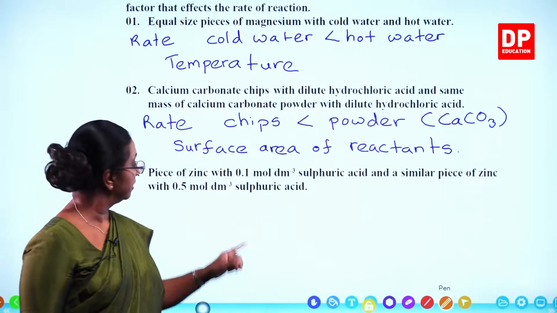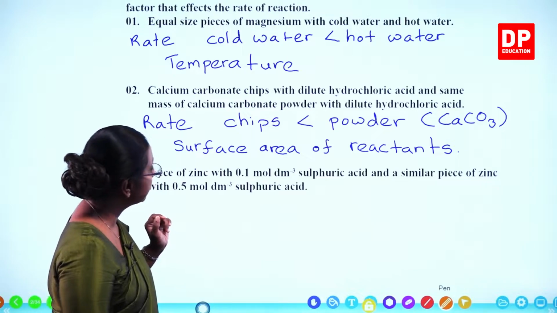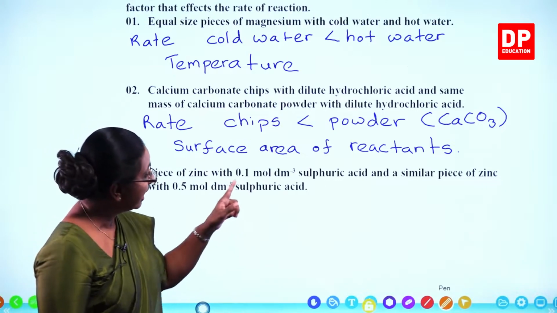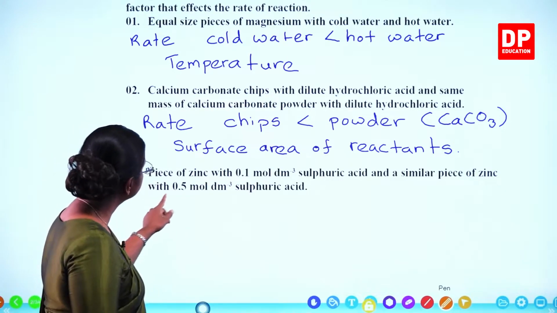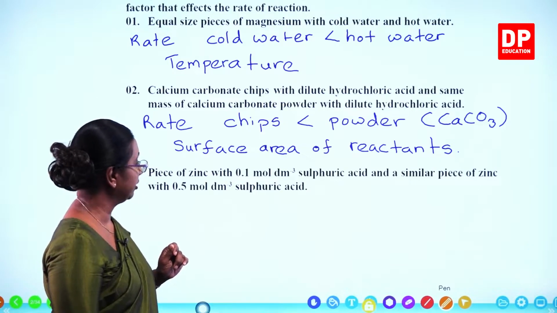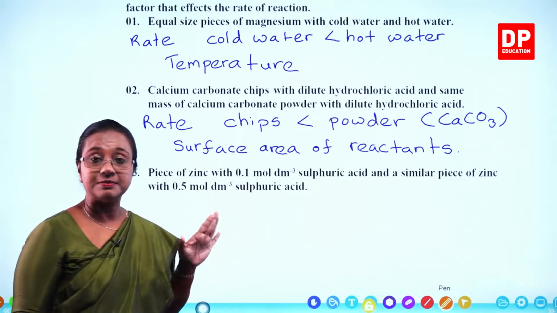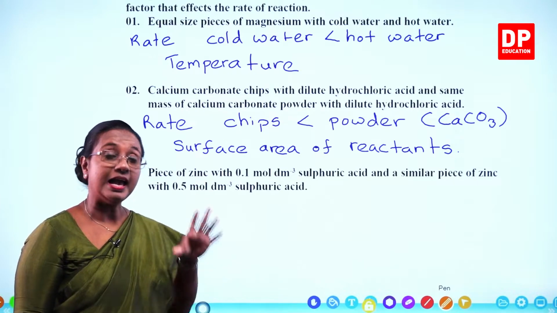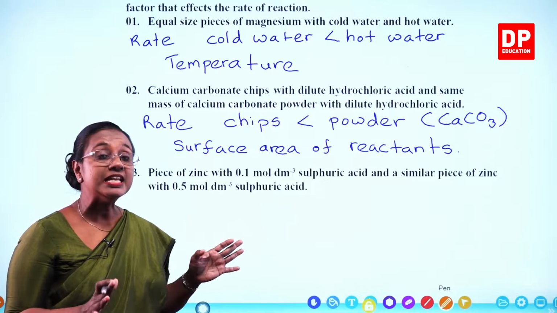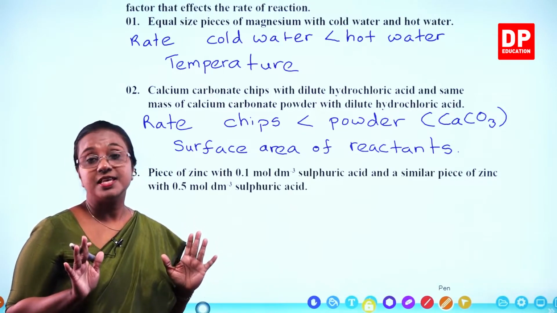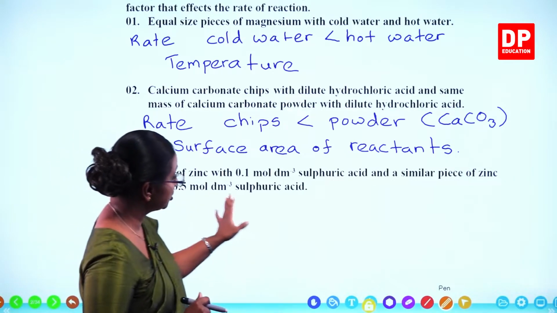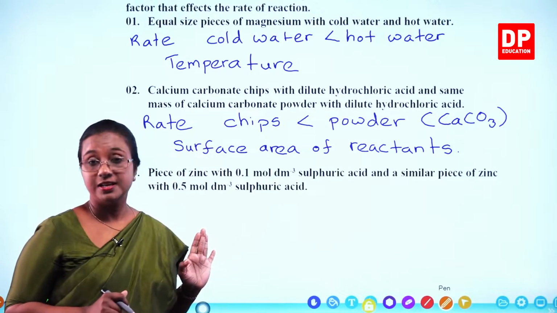Piece of zinc with 0.1 mole per decimeter cube sulfuric acid and a similar piece of zinc with 0.5 mole per decimeter cube of sulfuric acid. So there they use zinc, that's the metal, piece of zinc and similar pieces. So then the mass is the same, surface area is the same. That does not change. There is no mention of temperature.